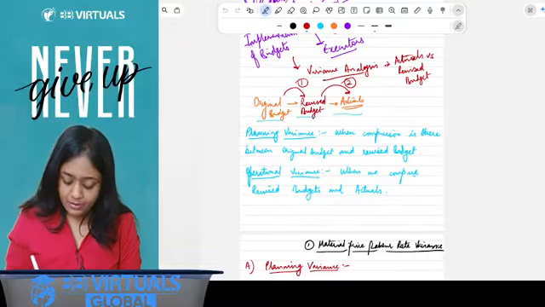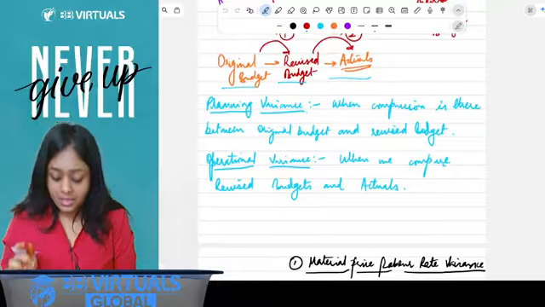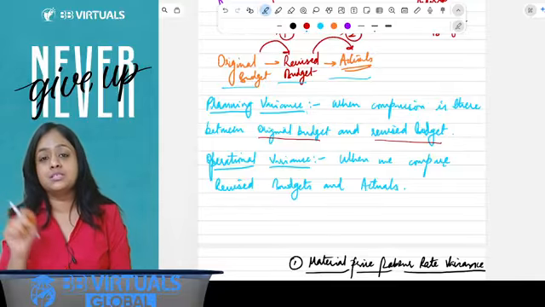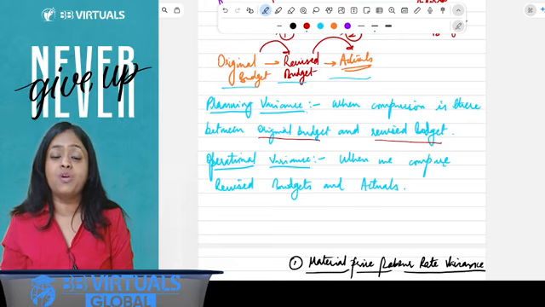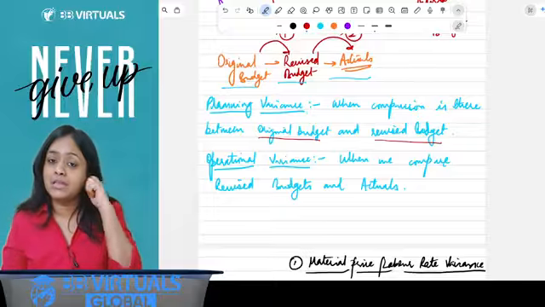Right? So planning variance is when you have a comparison between the original budget and the revised budget, because this is the work of planners, and here we have to see the impact of variance due to the difference between the original budget and the revised budget.